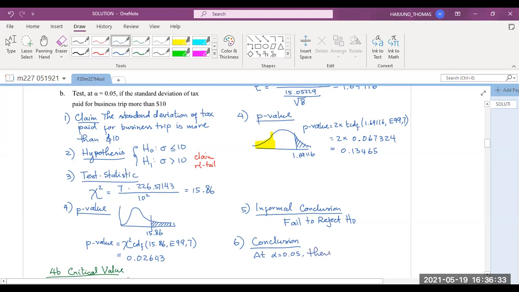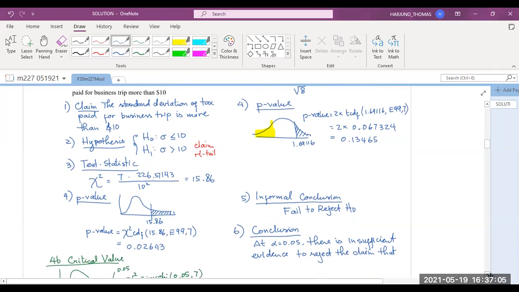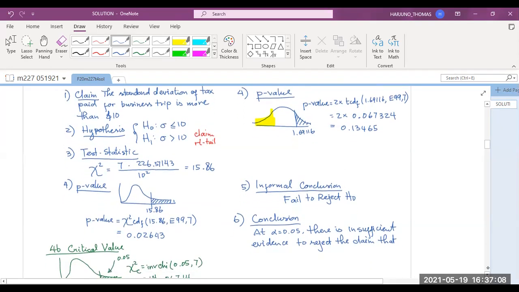Okay, there is insufficient evidence to reject the claim. So remember, if the claim is with the null hypothesis, we will try to reject that. If the claim is with the alternate hypothesis, we will try to support that. At least that's the wording commonly used in the conclusion.